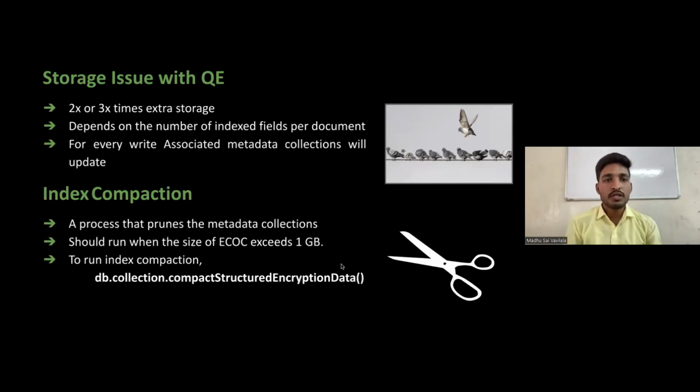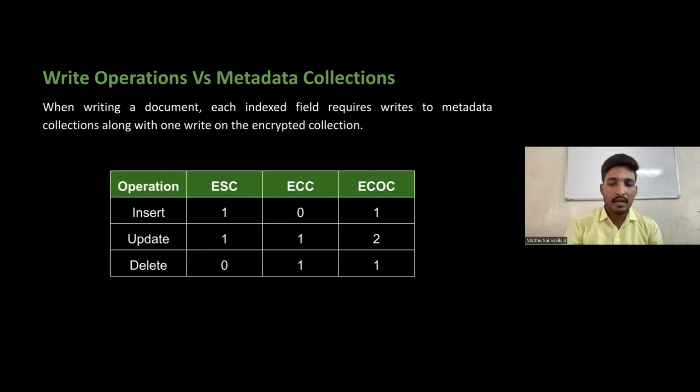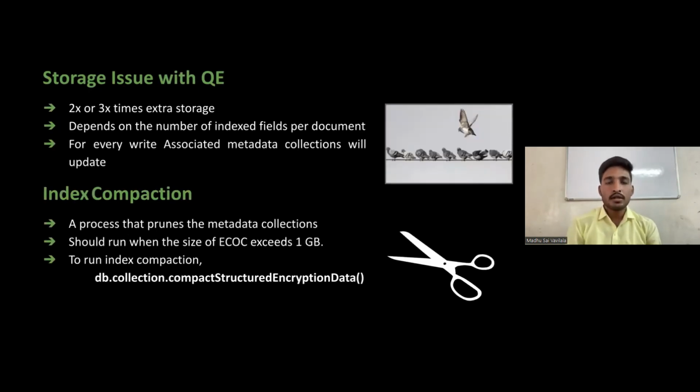Storage level issues with queryable encryption. We can expect 2 to 3 times extra storage requirement, because when you write data to a collection, it also updates the metadata collections, and this fully depends on the number of indexes in the document collection.